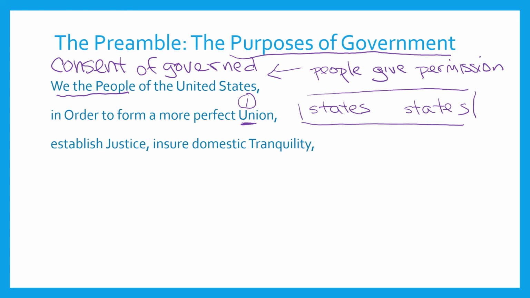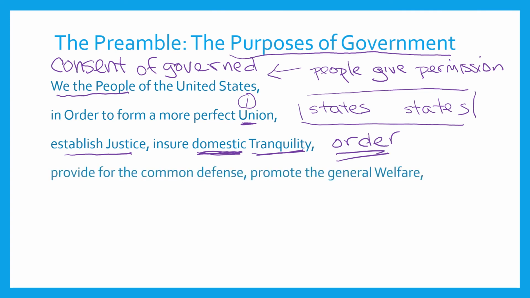To establish justice, to make sure that things are done properly, to ensure domestic, that's at home, so inside the country, tranquility. So we're trying to ensure that things are peaceful. This is that whole creating order. Creating order for people.